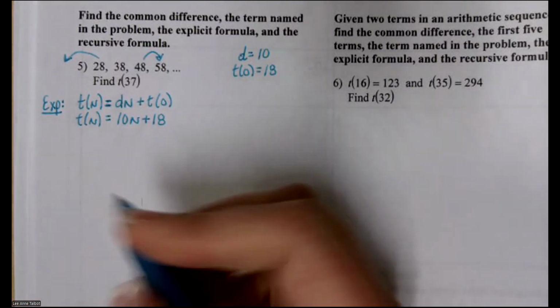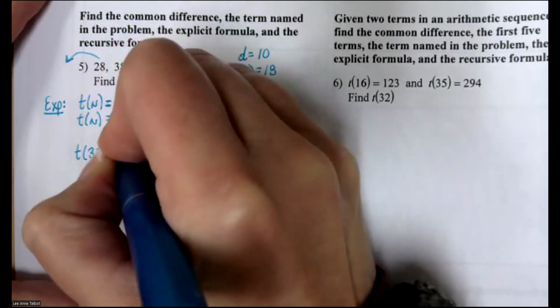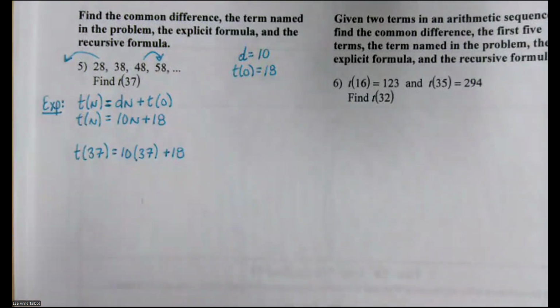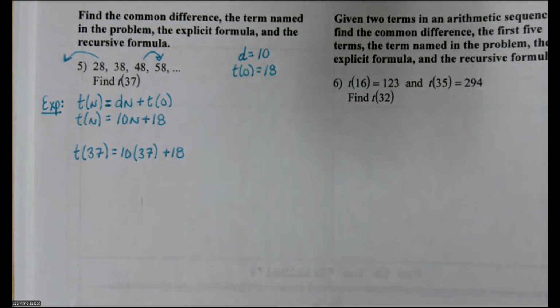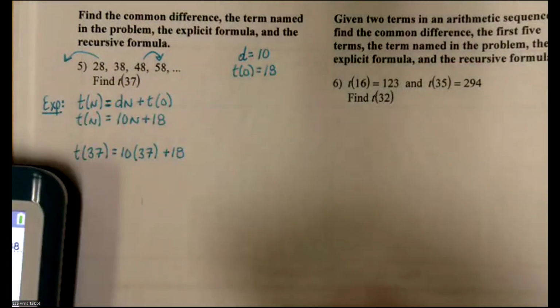Okay, now we're going to find the 37th term. Plug in 37. So 10 times 37 plus 18 is 388.